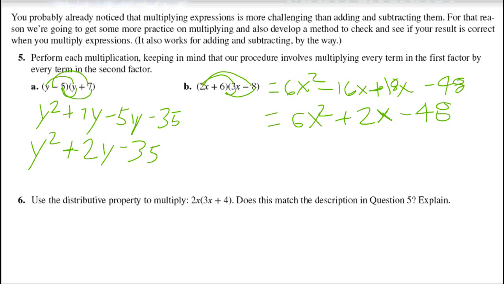Use the distributive property now in question 6 to multiply 2x times 3x plus 4. Does this match the description in question 5? Restart the video once you've answered that question.